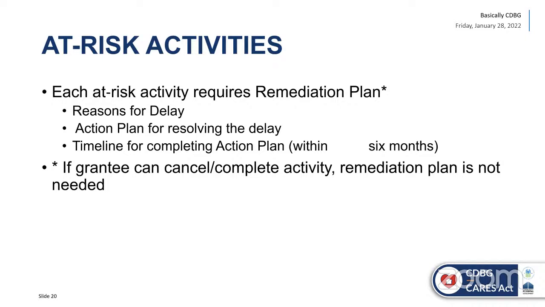So we want a short timeline for moving the activity forward. The action plan is not asking you to complete or cancel the activity. It's just asking you to give us a timeline to complete the action plan.